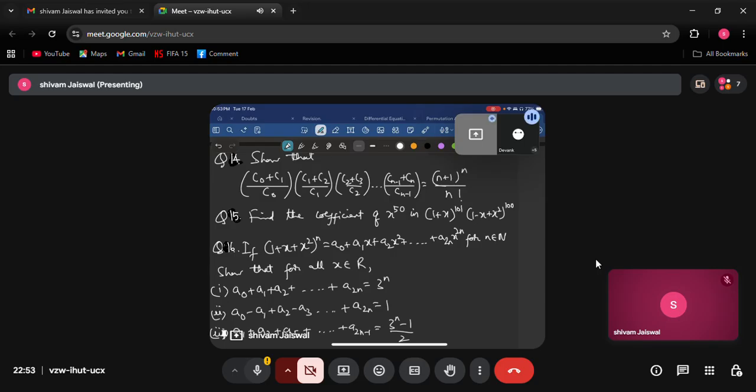So, Raktim, after the last step, after simplification, what are you getting?